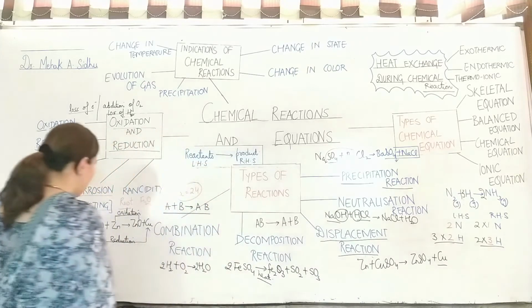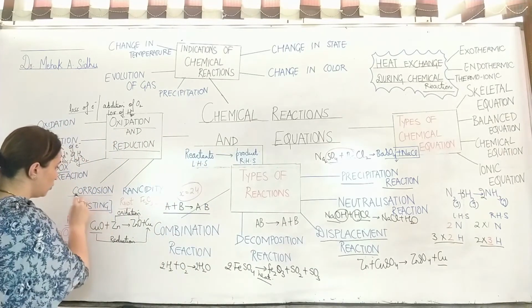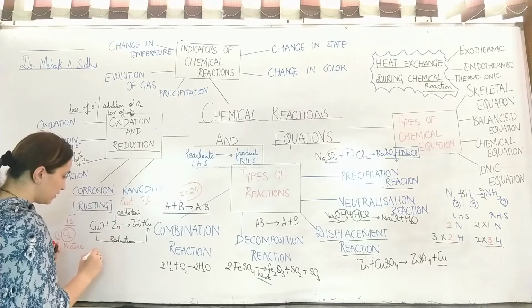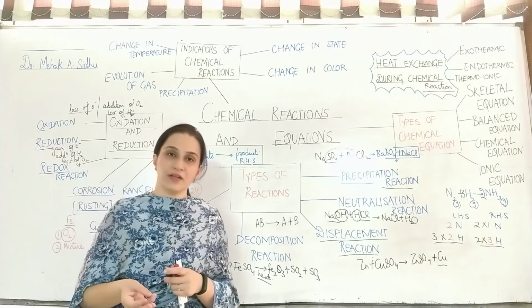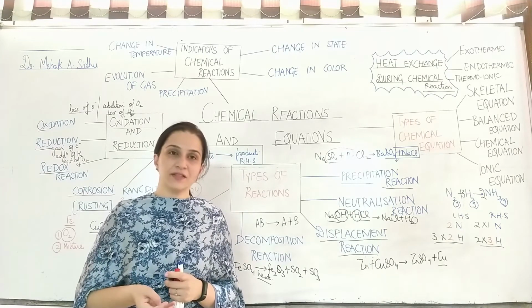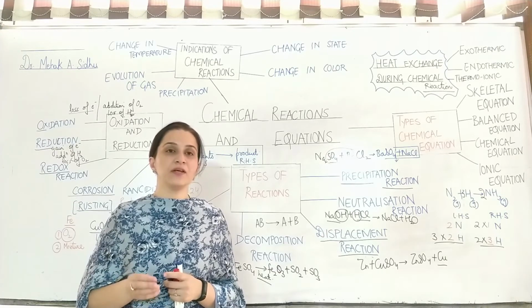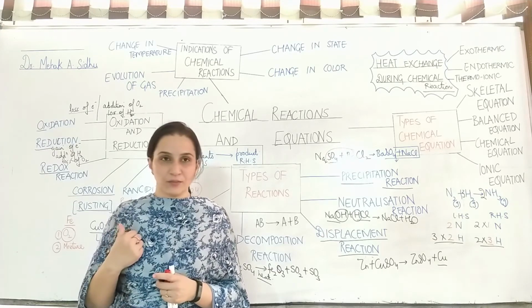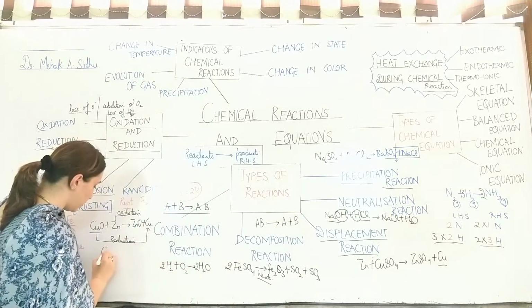Now what are the methods by which we can prevent rusting? There are a few methods by which we can prevent the rusting or corrosion process: by painting, by oiling, by galvanizing, by anodizing. And this galvanization process is very important.